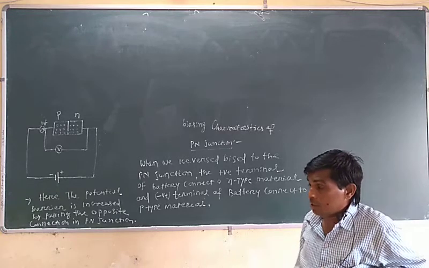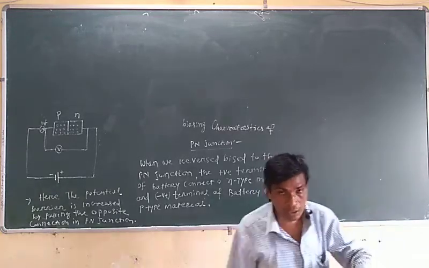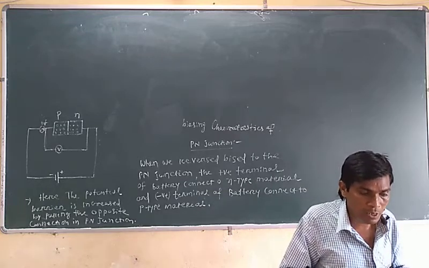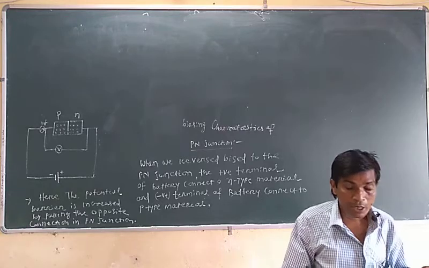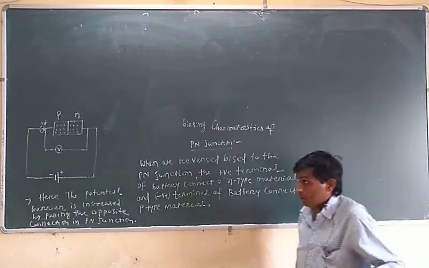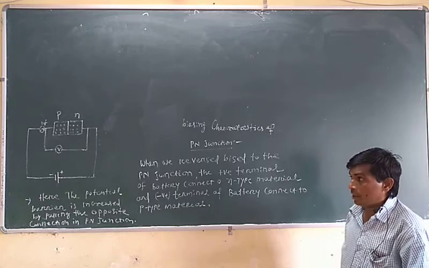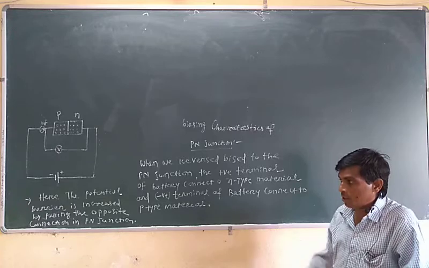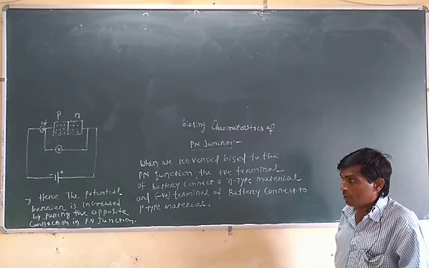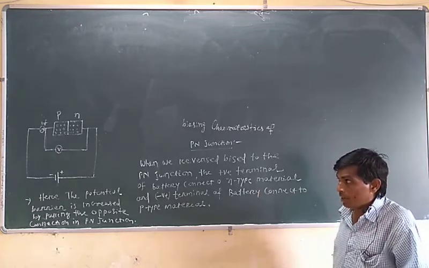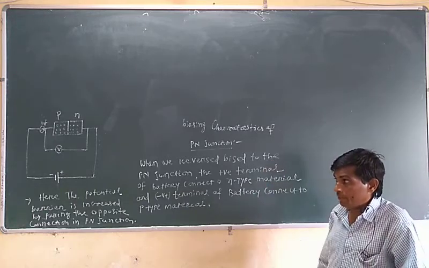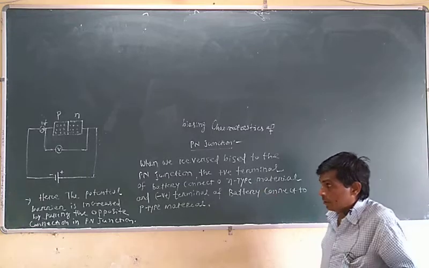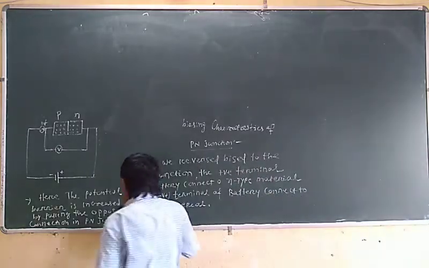This minority charge carrier is a very small amount, a certain amount of free electrons in P-type material and a certain amount of holes in N-type material. So by the opposite connection of the PN junction, what happens? The potential barrier will be widened.